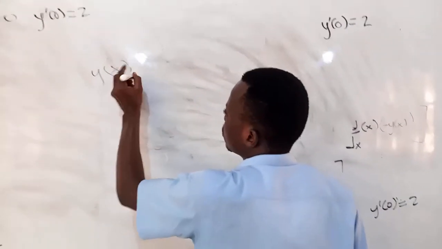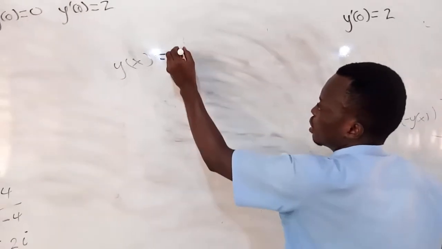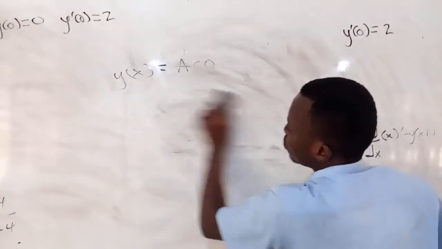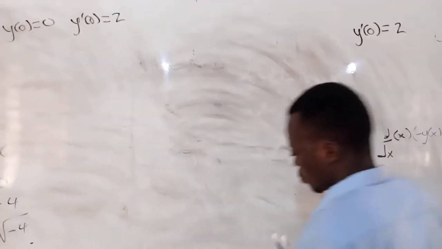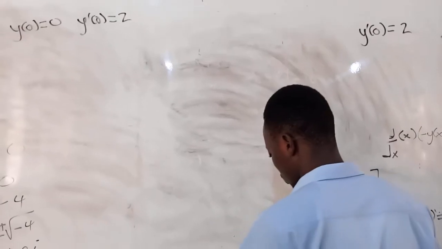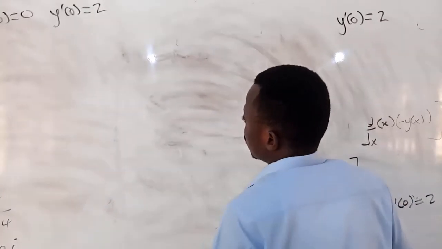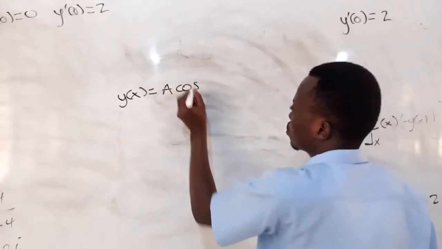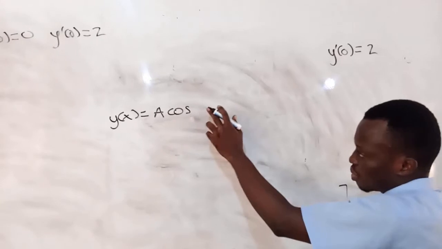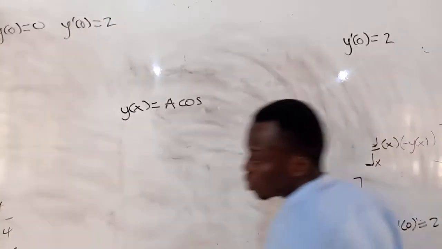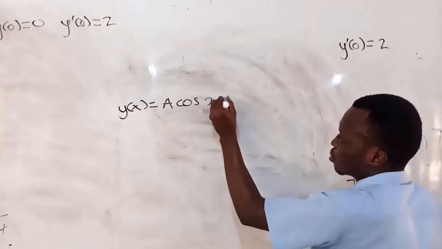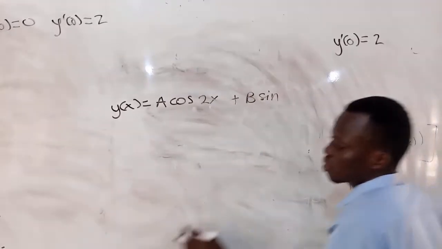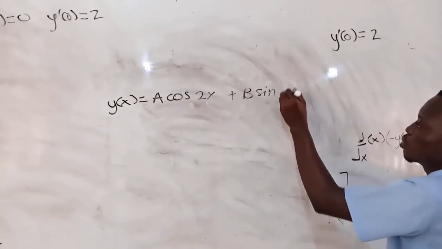y(s) equal to a cos of this value here, which is 2, so 2s, plus b sine of this value here, 2s.